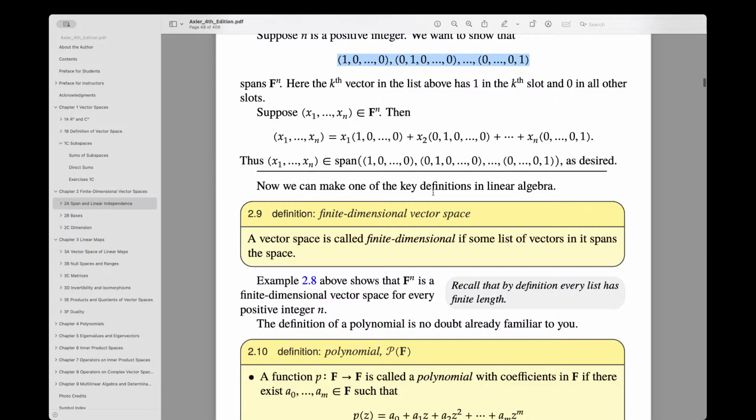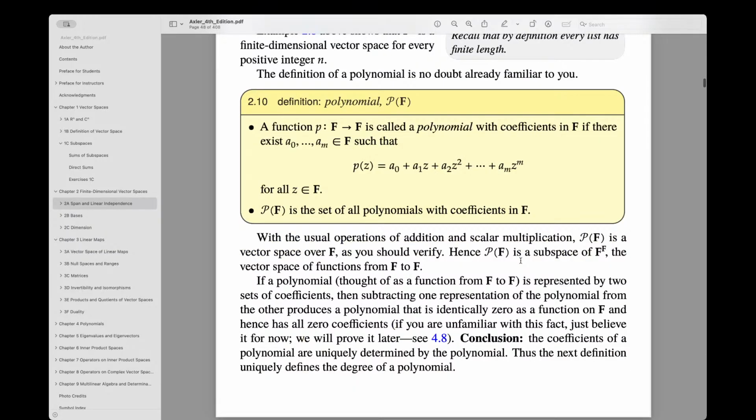And of course we can talk about the space of polynomials over a field, which is another very important thing. This really goes to show you the power of linear algebra, where we are now taking polynomials and even functions, treating them as vectors, and doing linear algebra with them.